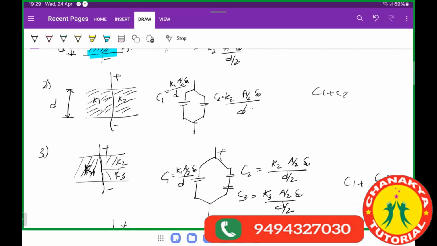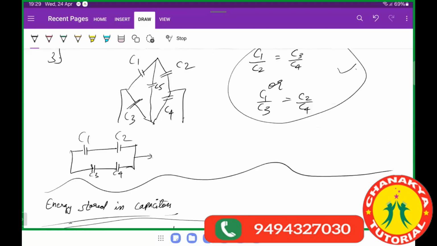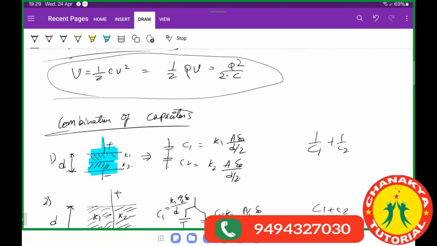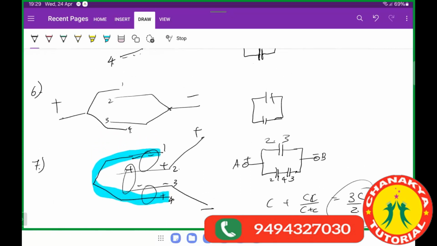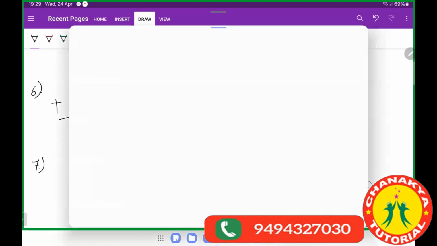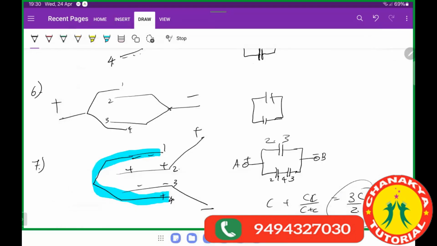So can you share these notes in the group? Okay. I'll do it. Let me erase this. Okay, actually, I have to go. I have some work to finish. So we'll finish this class now itself.